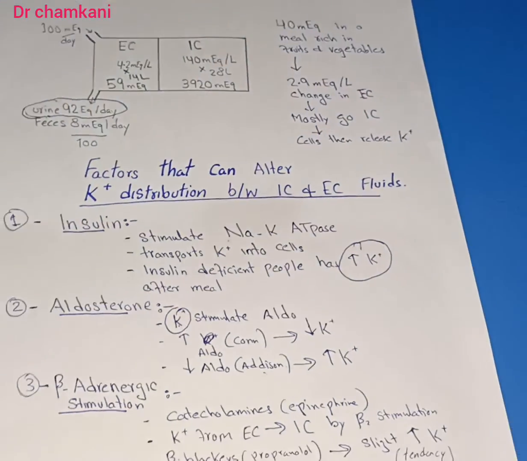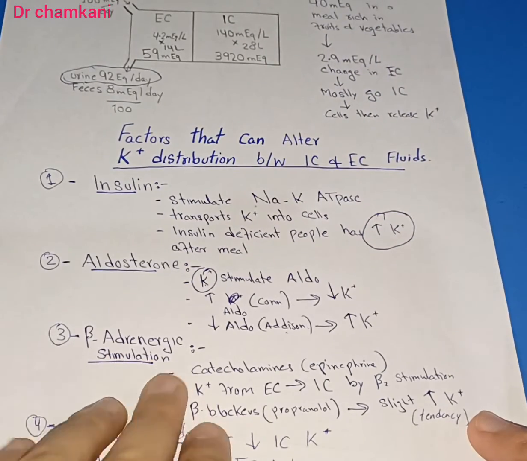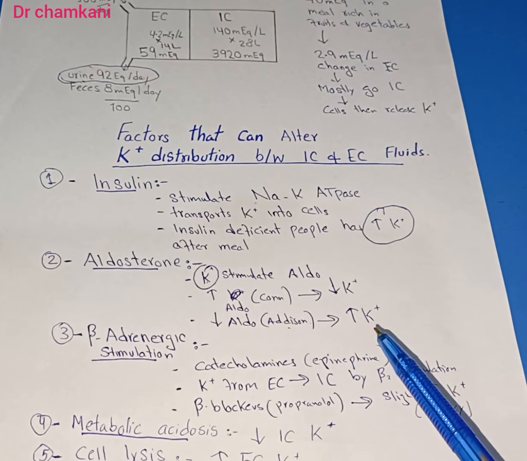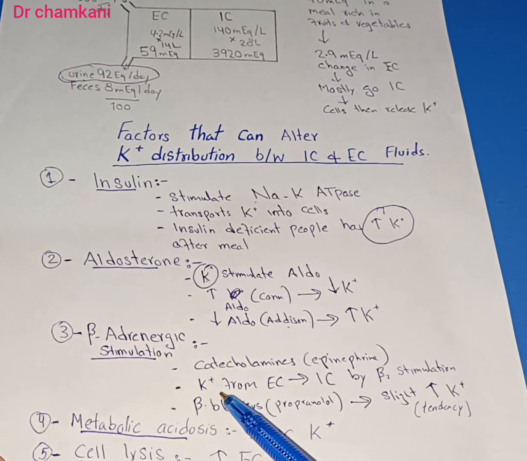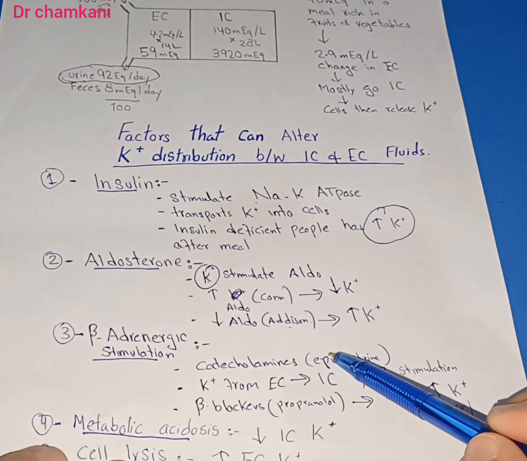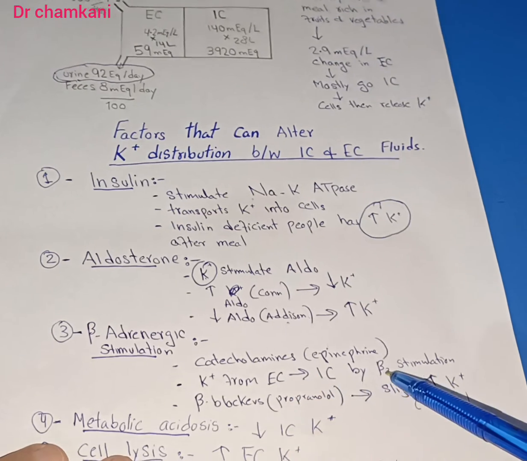Now another important thing is beta-adrenergic stimulation. The beta-adrenergics like epinephrine basically shift potassium from the extracellular space into the intracellular space. The beta receptors are activated, and with the help of epinephrine, potassium goes from the extracellular space into the intracellular space.